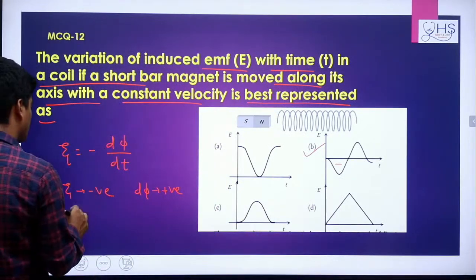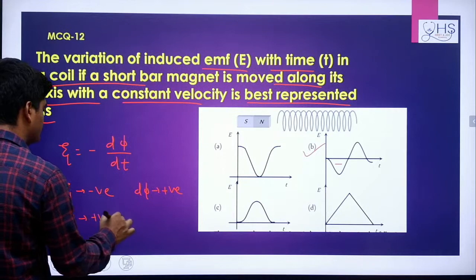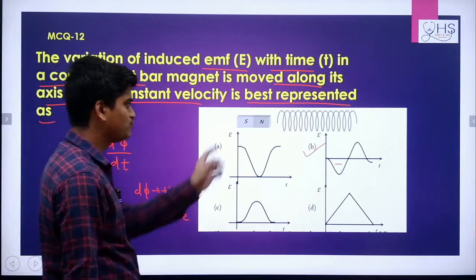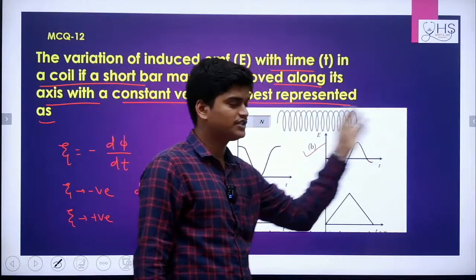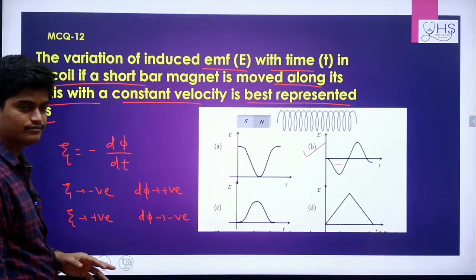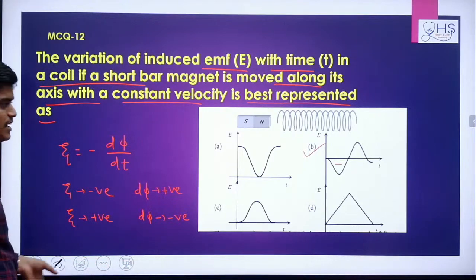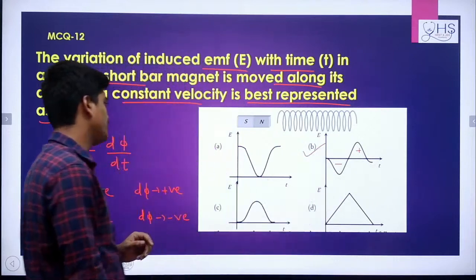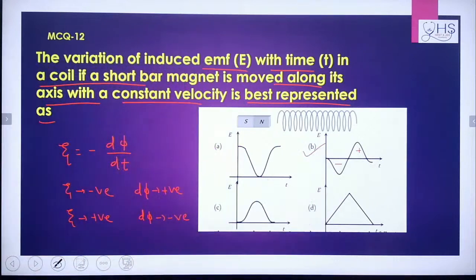Next, EMF will become positive when d phi is negative. Why is d phi negative? Because when this bar magnet goes out of the coil, at that time flux will decrease. So the change in flux will be negative, and here it will be plus. So this answer will be correct, B. A polarity change will happen in the induced EMF, a minus and a plus, both in the graph.